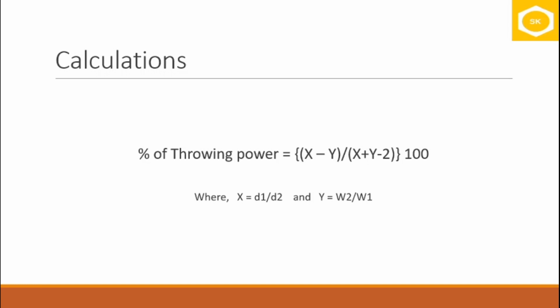W2 is the amount of metal deposited on cathode 2 and W1 is the amount of metal deposited on cathode 1. Once you substitute these values, you will get X and Y, and once you substitute X and Y in the above equation, you will get the percentage of throwing power for that plating bath solution or the electrolyte.